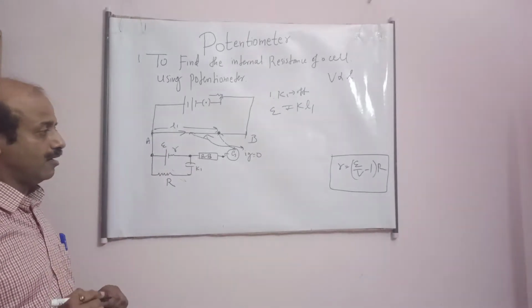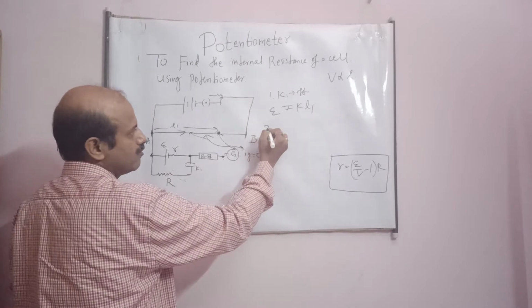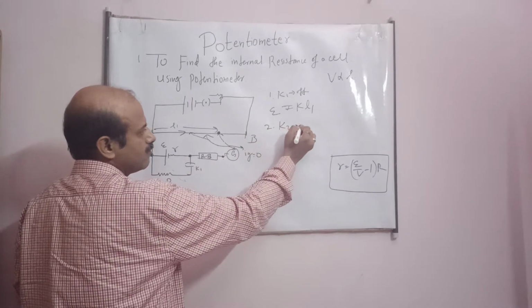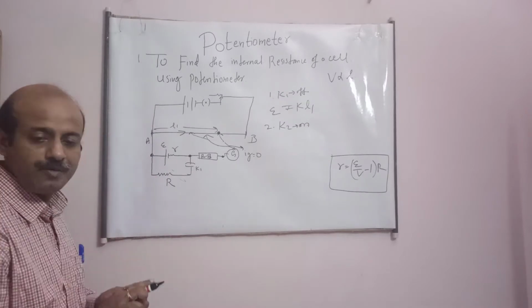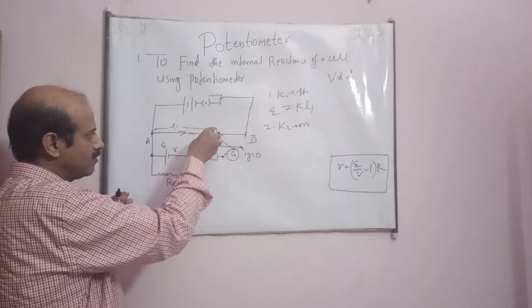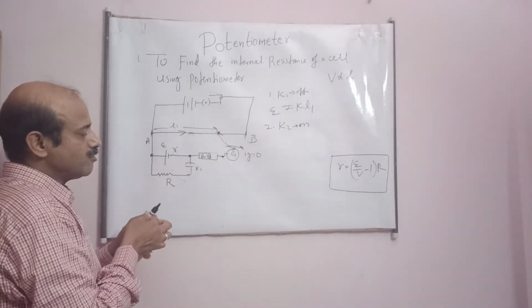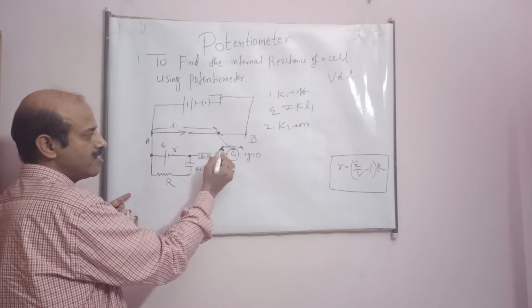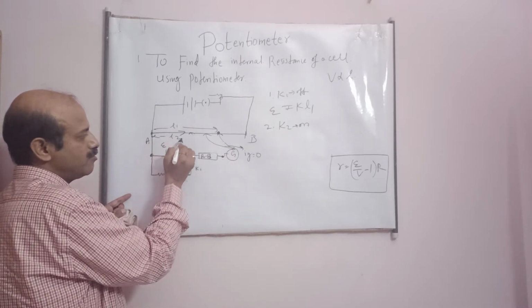Okay student. Now in the second step I will make this key on, and again I will try to find a null point, student. Now suppose I get the null point somewhere, say here. This length is L2, student.